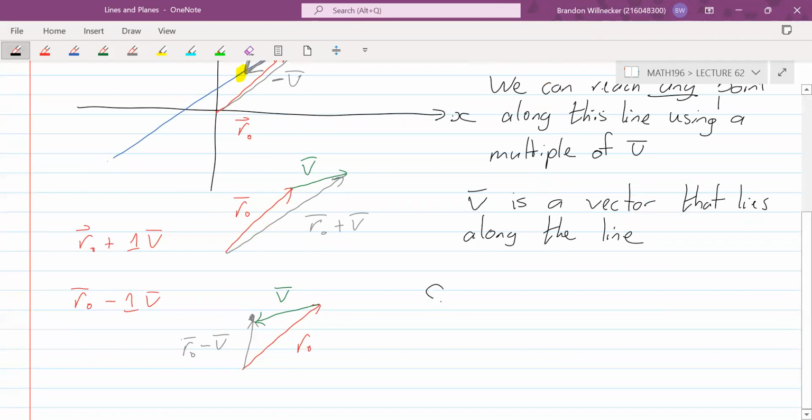So in general, we have r as a function of t equals R0 plus t times v.